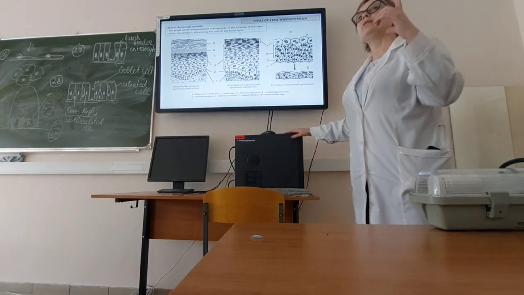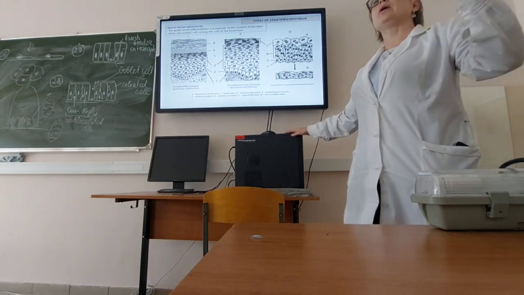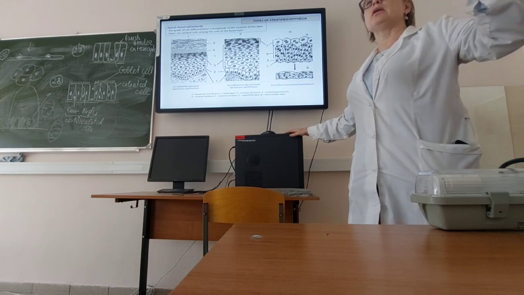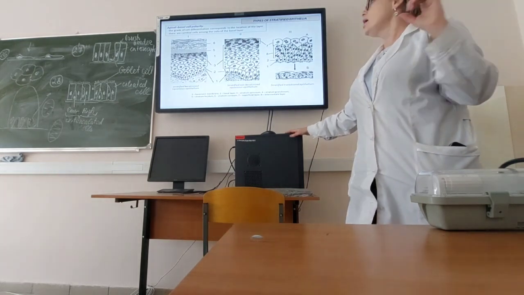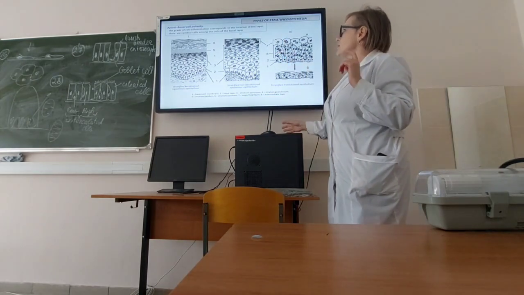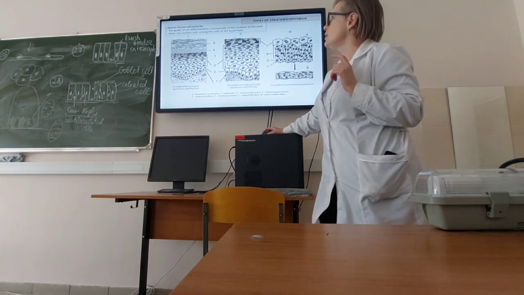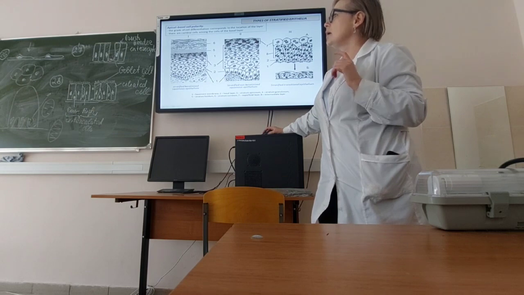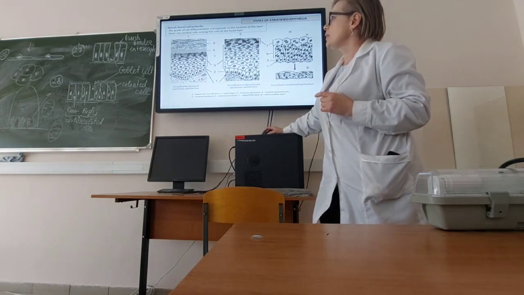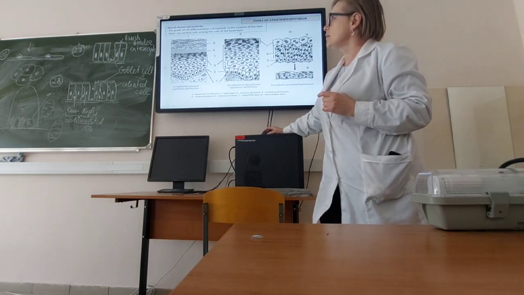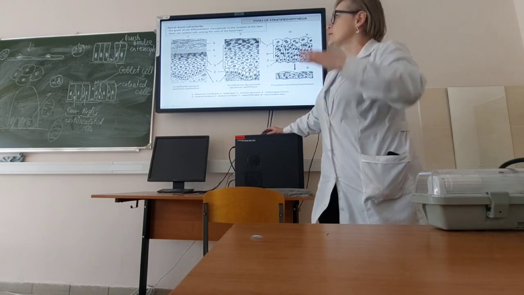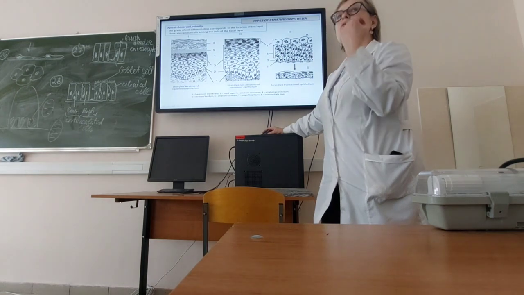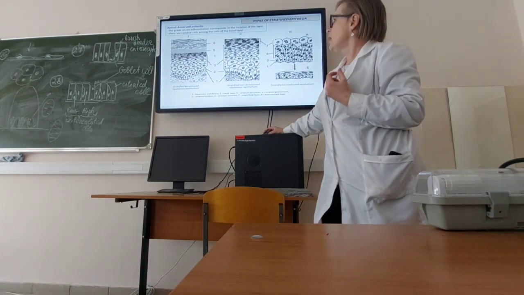In case of simple epithelium, signs of polarity we can see in specification of apical and basal surface. In case of the stratified epithelium, we can see difference in layers. For example, if we compare basal layer and superficially situated cells, they look different, yes?